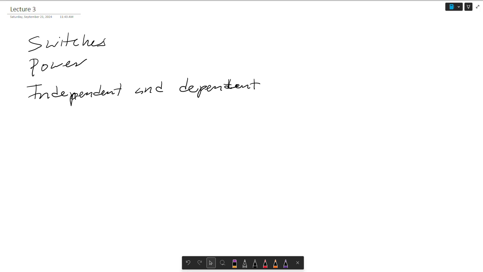As a result, in this lecture, we will introduce these four concepts by defining them and giving examples for each of them.